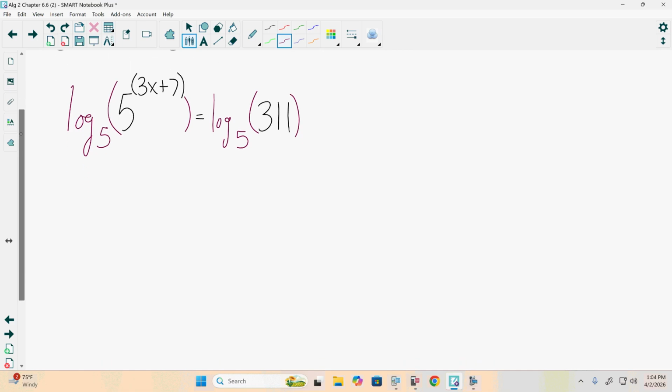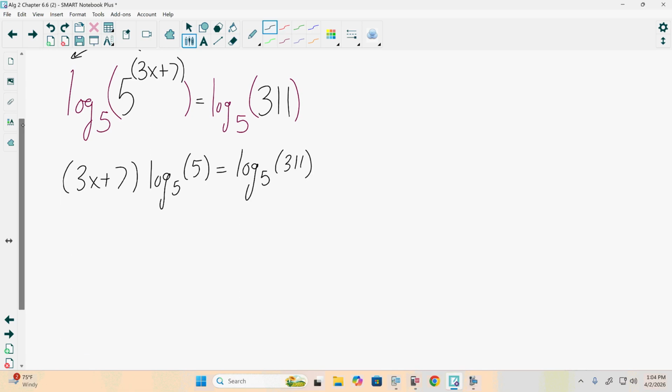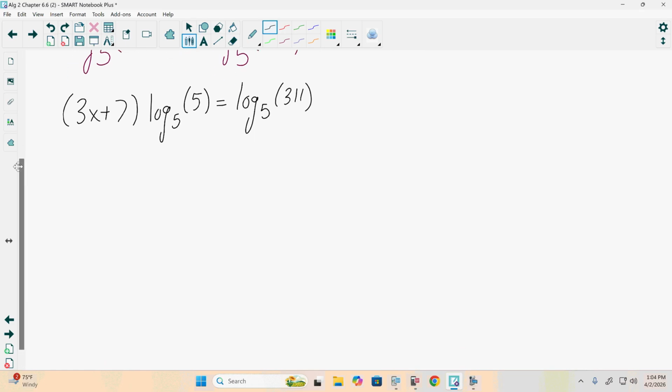And because the base of the left-hand side is 5, we can apply log base 5 to both sides. And log base 5 of 5 to the 3x plus 7, the 3x plus 7 comes to the front, and it is still multiplied by our log base 5 of 5. And yes, log base 5 of 5 is just 1.